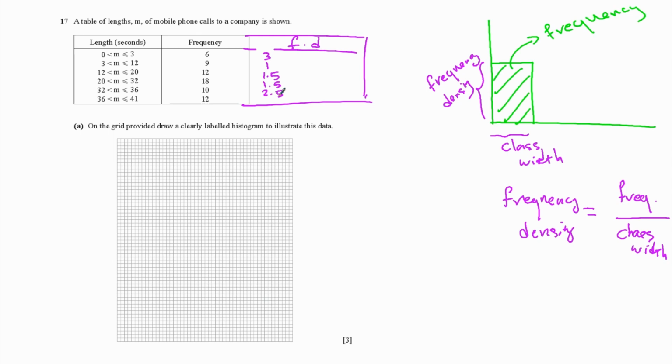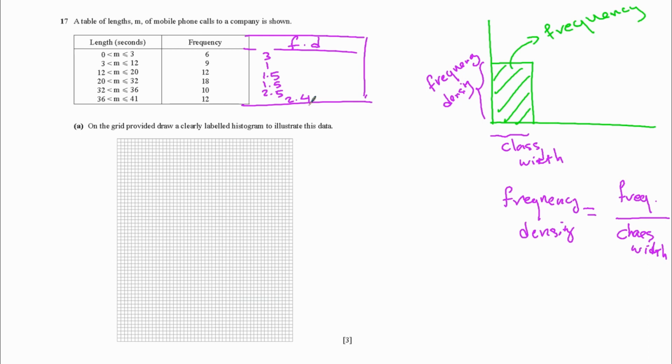So we need to arrange our histogram in a way that accommodates this data, where the highest value is 3. We also need to accommodate the class widths, which go between 0 and 41.